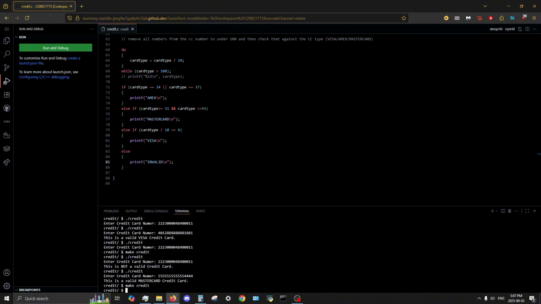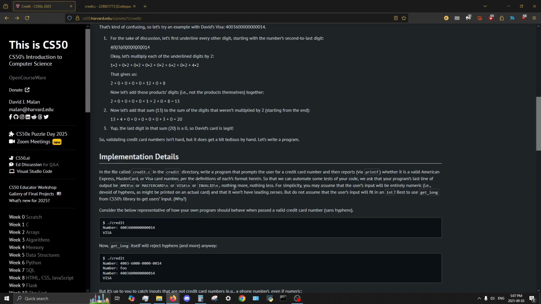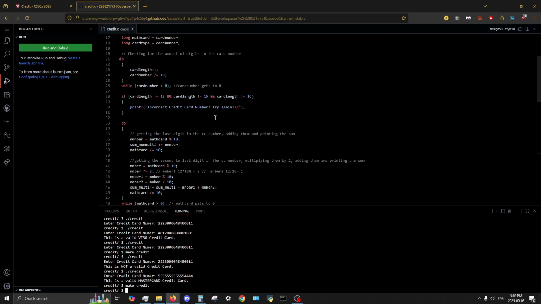For simplicity, you may assume that the user's input will be entirely numeric, as might be printed on an actual card, and that it won't have leading zeros, but do not assume the user's input to get the user's input. Did I use get long?